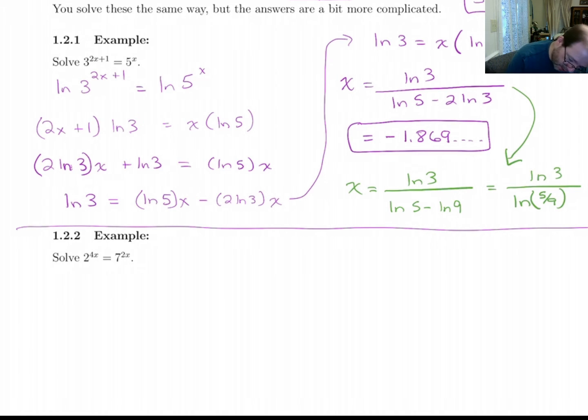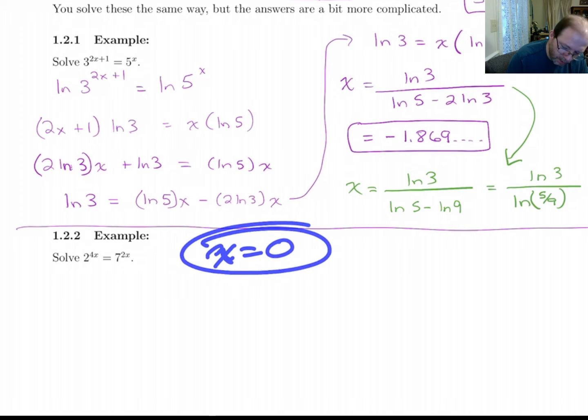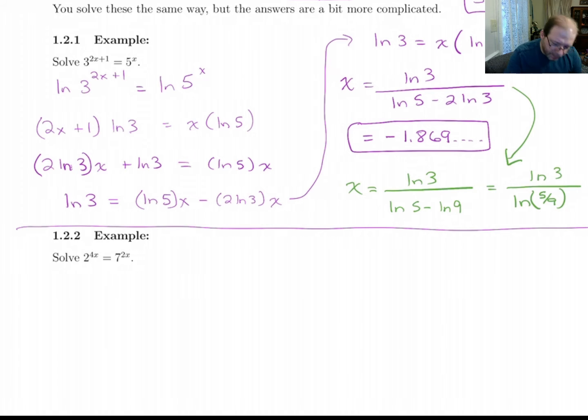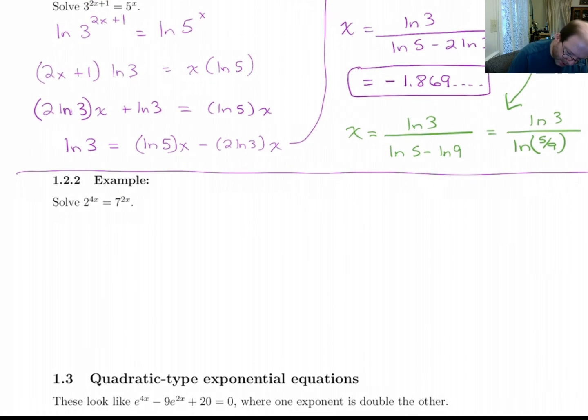So x equals 0 is the solution. But suppose you didn't see that. Then you take the natural log of both sides. And then you get, let's see, bring the 4x out front.